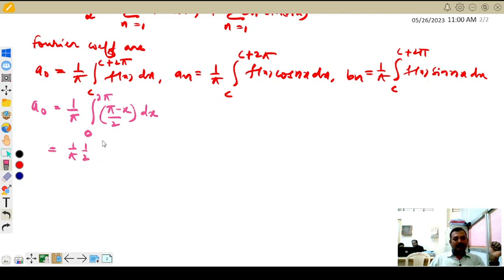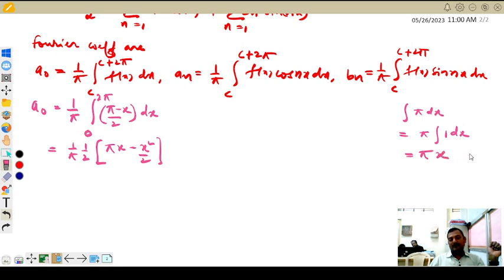You will have only pi minus x. Integration of pi, a constant, with respect to x is pi x. Integration of x is x square by 2. Pi is a constant, you can take outside, you will get 1 into dx. Integration of 1 is just x. So between the limits 0 to 2 pi.